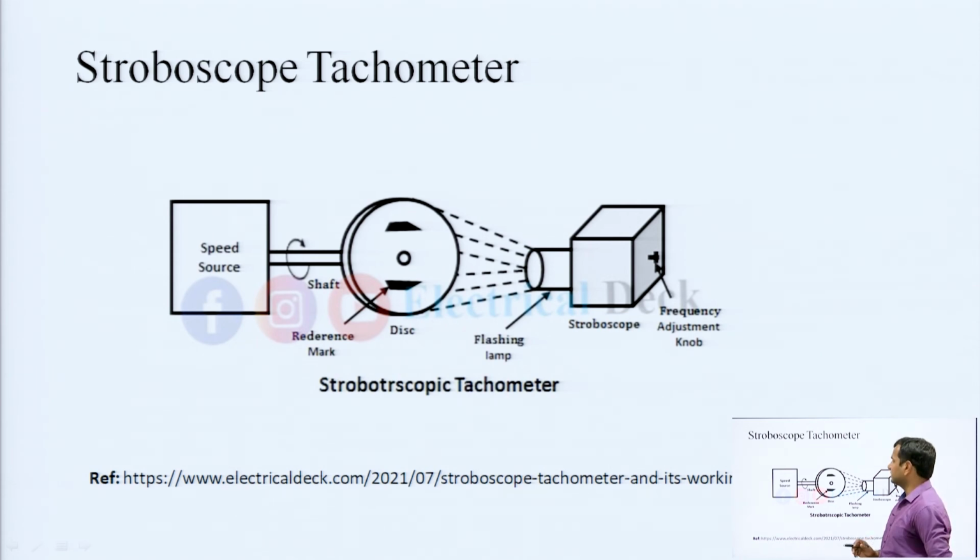When we see the construction, first we have the speed source, and this is our disc that will rotate because of that speed source.